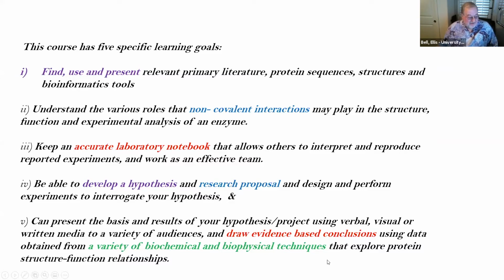The final learning goal was to use your results to talk about your hypothesis and draw evidence-based conclusions. The learning goals also said to obtain data from a variety of biochemical and biophysical techniques to explore protein structure-function relationships.